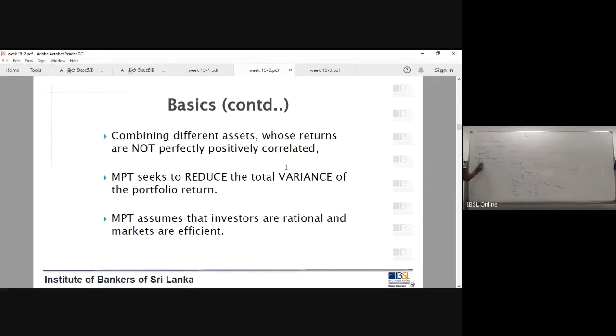What is an efficient market? What are efficient markets?